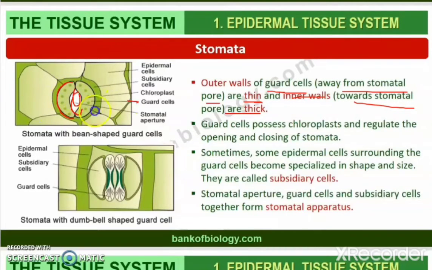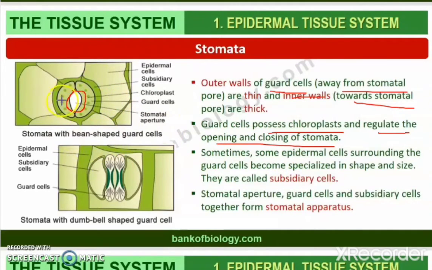So I'll just show it here. You can see the inner layer will be thick. The inner wall of the stomata, that is the guard cell, will be thick and the outer wall will be thin. Clear? And guard cells possess chloroplast and regulate the opening and closing of the stomata.